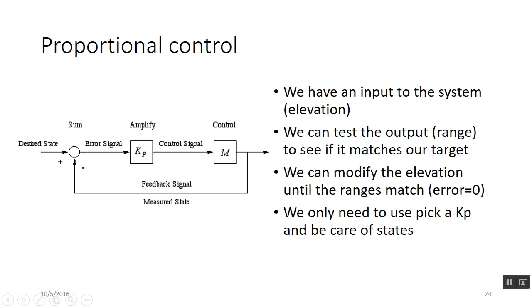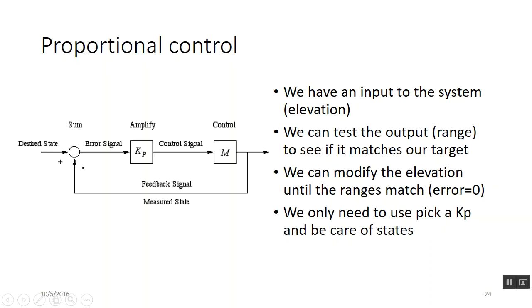And then we're trying to get the elevation angle to be that far away. We can measure how far away in simulation our shell actually hit the water. Our control signal is going to be our change in elevation, and we can modify that with a little gain, and that's the whole thing.